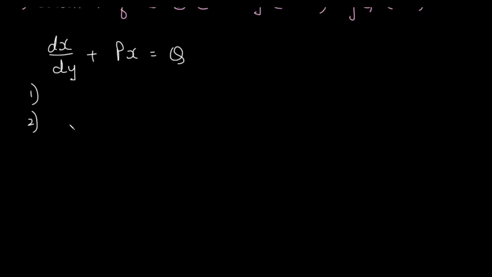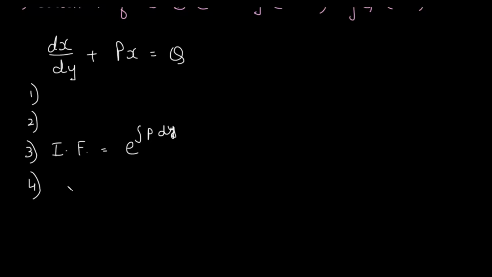In the second step, like we saw in the previous case, we write the equation in the form dx upon dy plus px is equal to q. Then third step, the integrating factor becomes e raised to integral p dy, where we are integrating with respect to y, which is the independent variable.